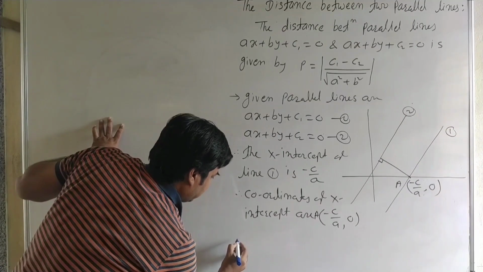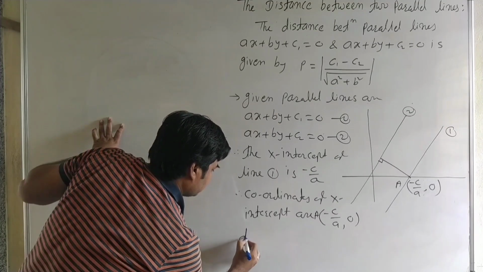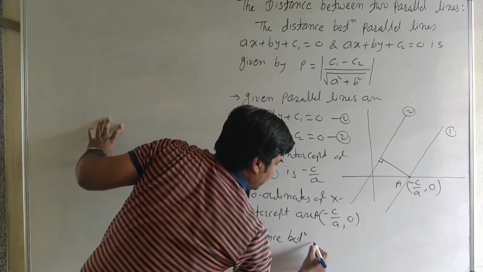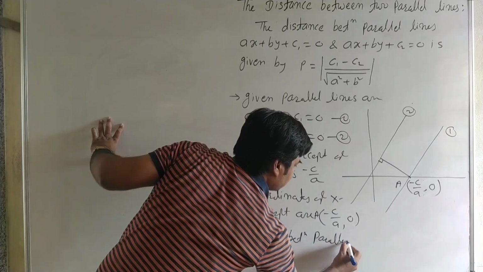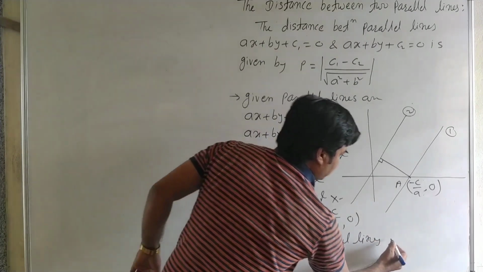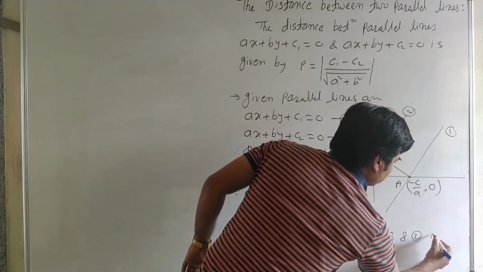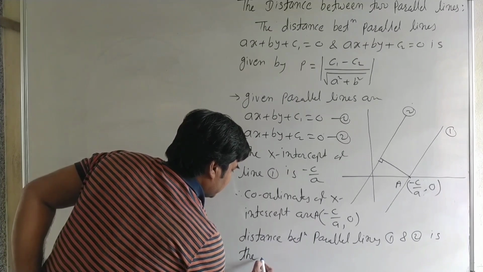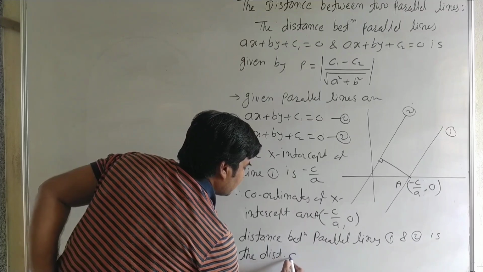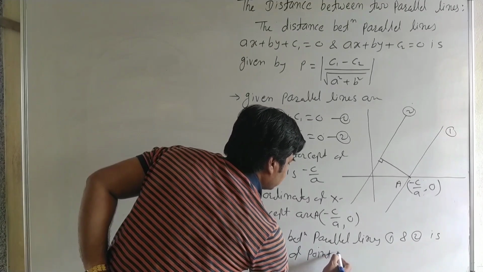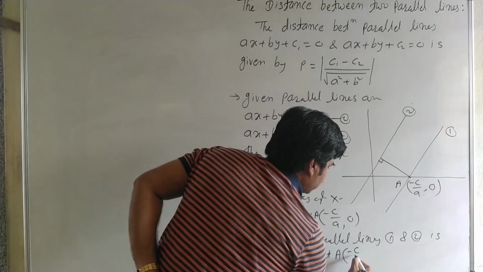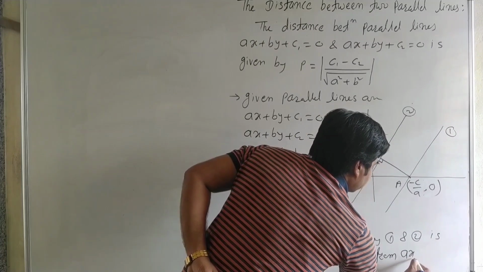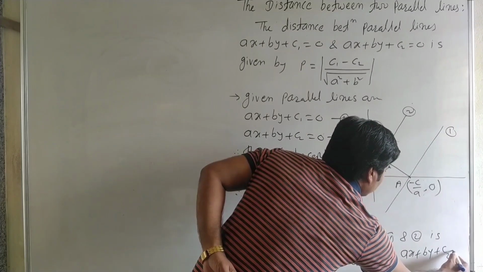Now here the distance between parallel lines 1 and 2 is the distance of the point A, minus c by a comma 0, from the line ax plus by plus c2 is equal to 0.